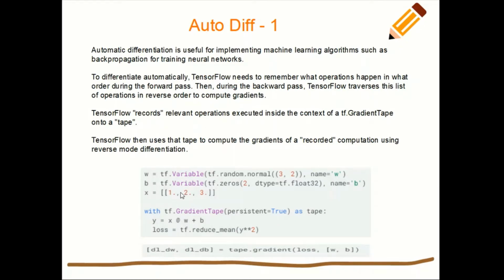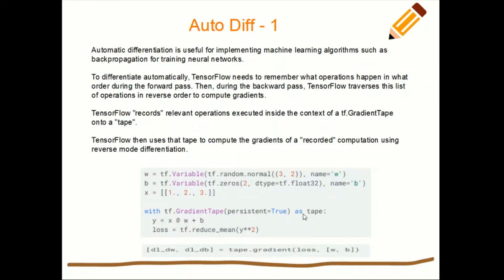It has a shape of 3 comma, and that is why the weights are initialized to 3 by 2, because the input shape and the first axis of the weight variable have to match, right? And then we use tf.GradientTape with persistent equal to true. We will discuss this part later, so for now, let's leave persistent equal to true.